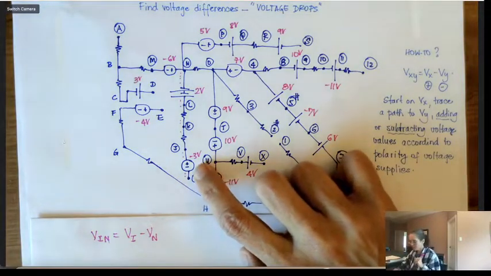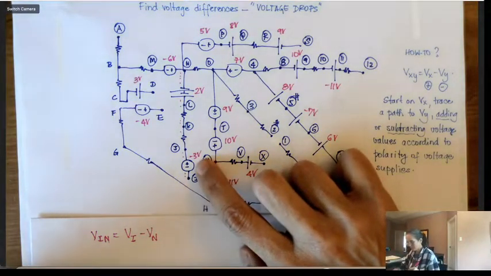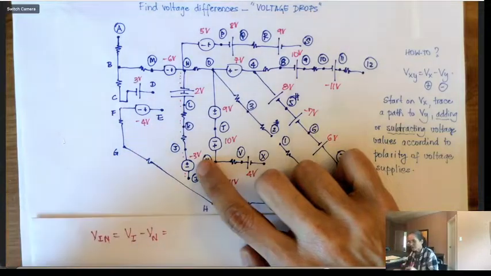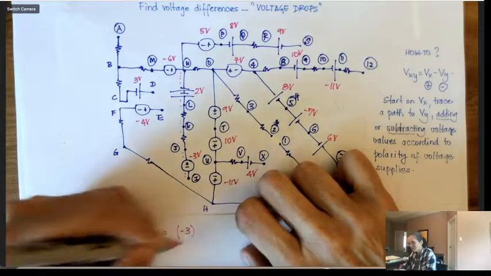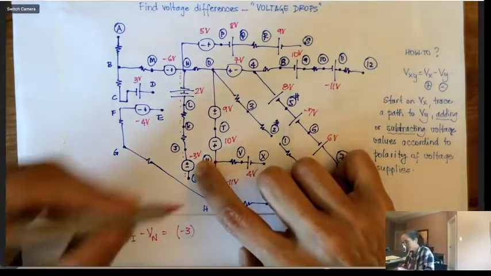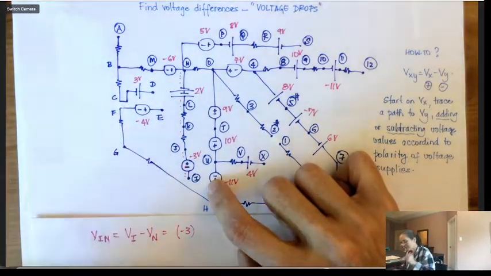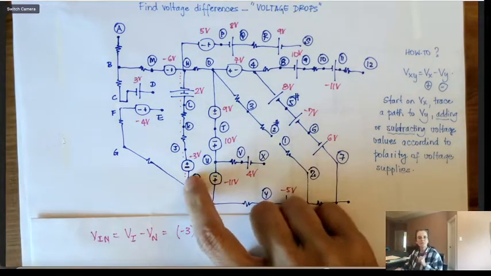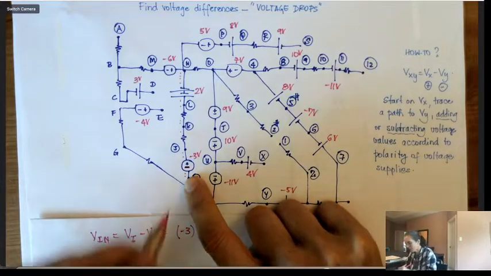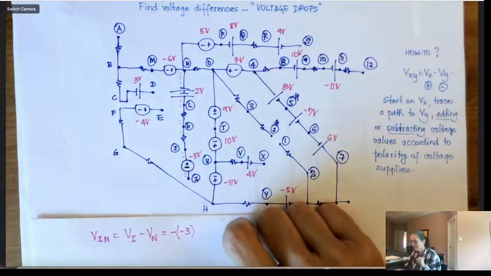And so I will start with this -3 as my first number, that's the number on the power supply. But it turns out this power supply is turned in a way that the negative is the first thing that I encounter when I go along this path, so I'm going to use that minus.